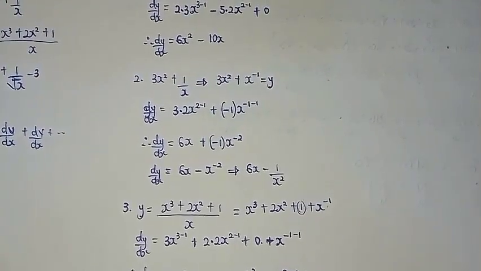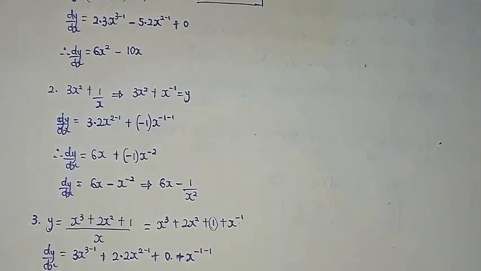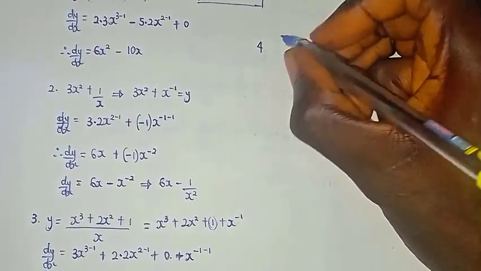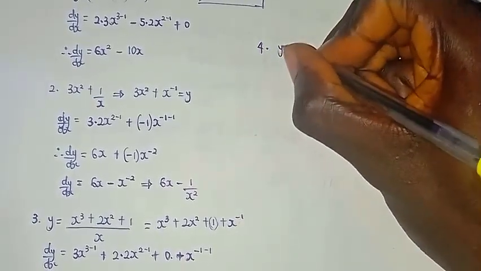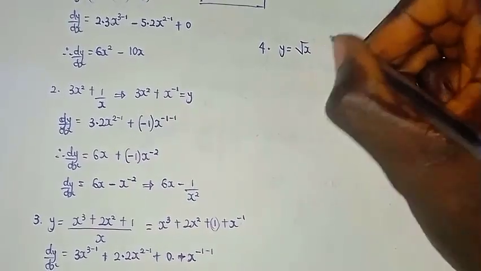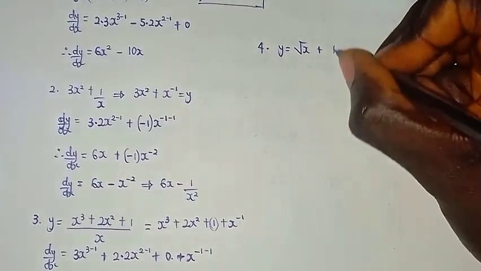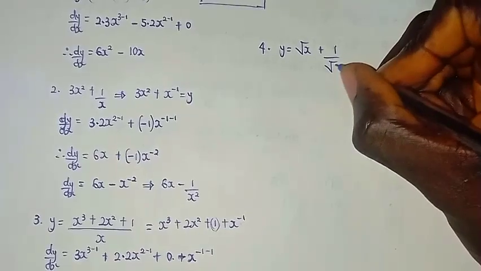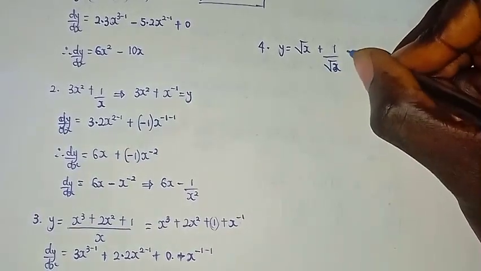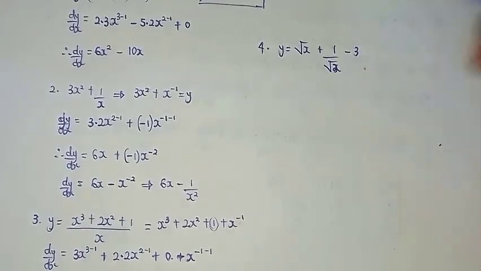Now let's look at the fourth question, which is y is equal to square root x plus 1 over square root x minus 3.